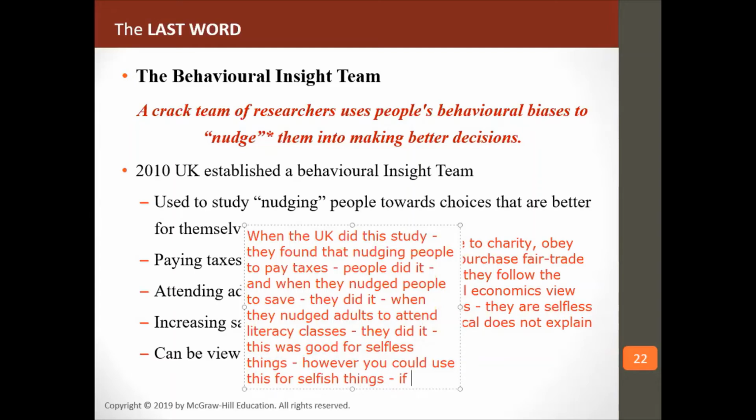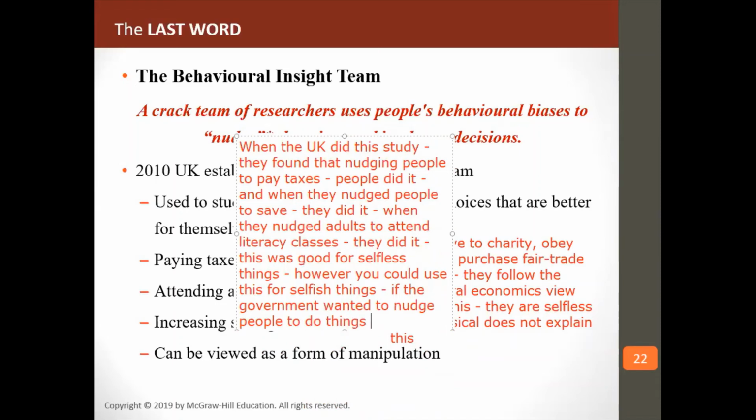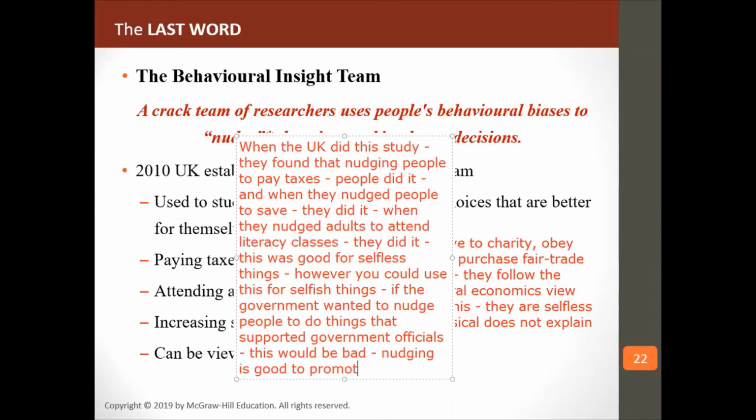Like if the government wanted to nudge people to do things that supported government officials, this would be bad. So nudging is good to promote selfless things for society. However, it is bad when it is used to promote selfish things.